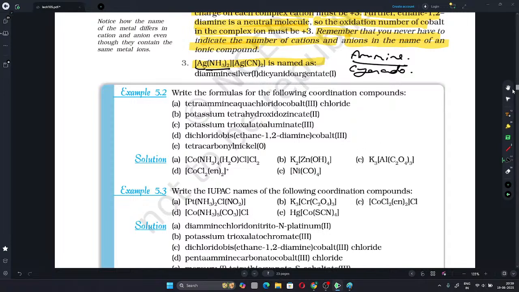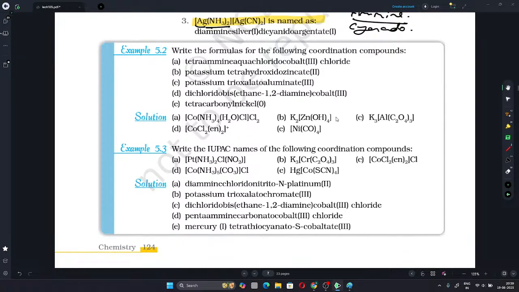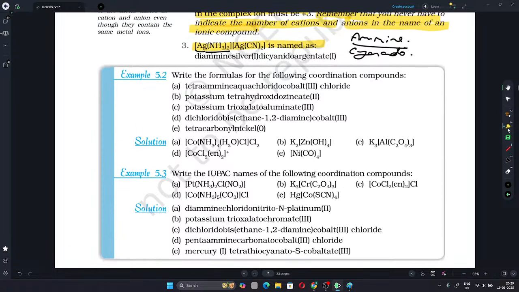In the next part of the question, write the IUPAC names of the following compounds. For the first compound, as it is a neutral one, you can call it platinum. But before that, amine, chloride, and nitrosyl.